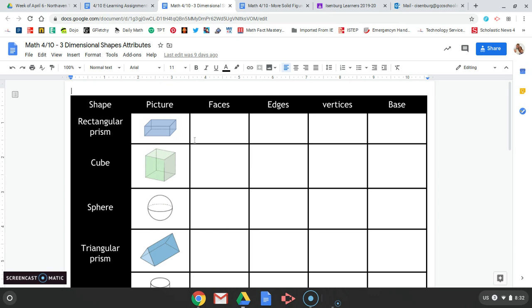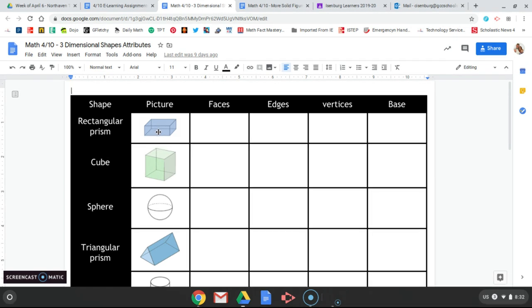So a rectangular prism has one on top, one on bottom, front, back, side, side. So it has 6 faces, and so I'm going to type that in, 6 rectangular faces, okay?